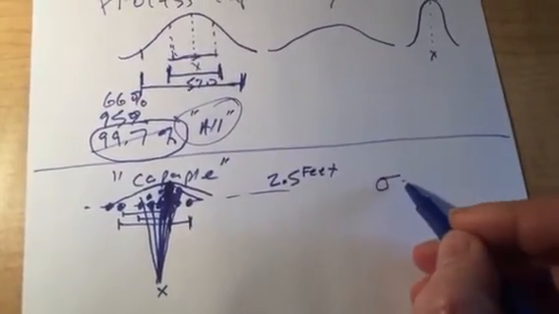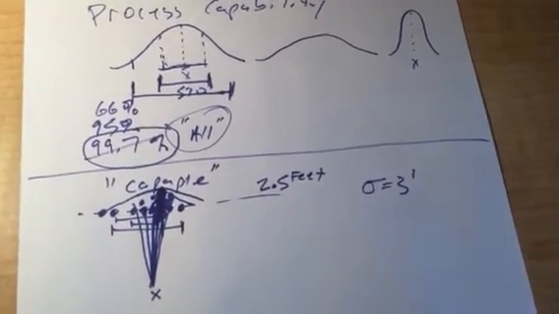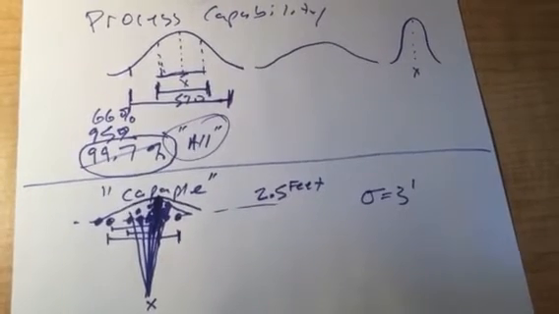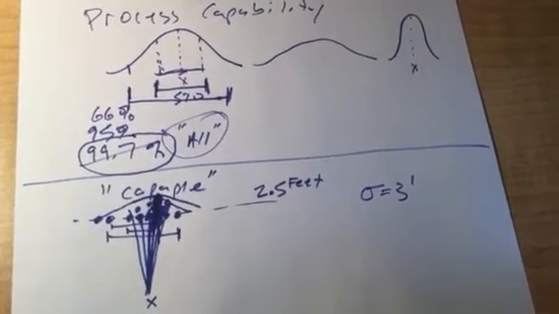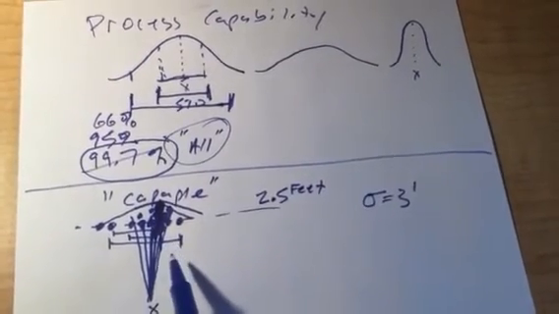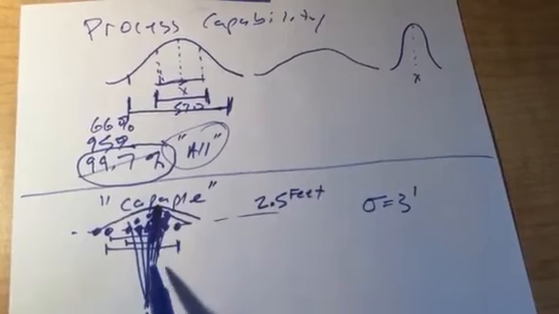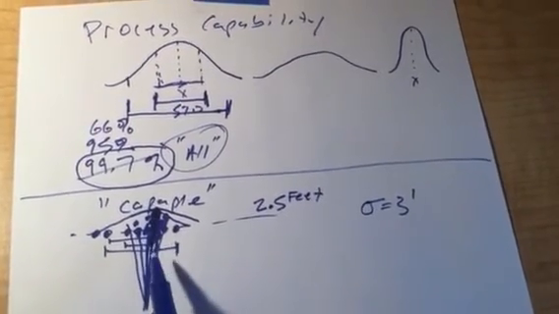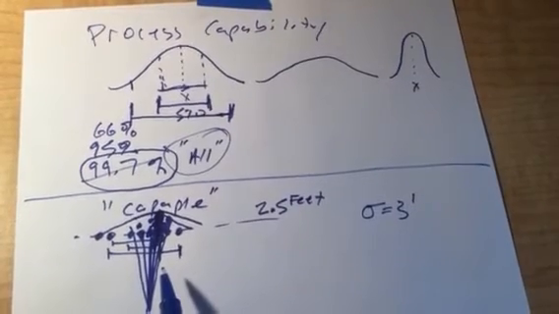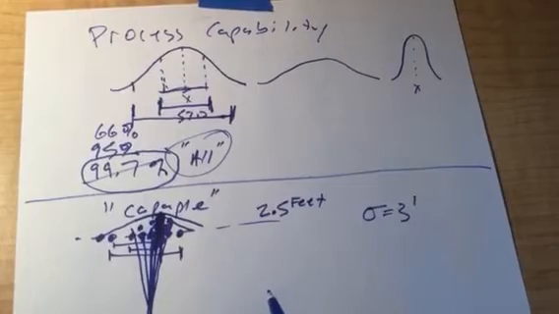Students hate it when we start to talk about standard deviation, but this is maybe a more intuitive explanation of what it really is. It's just the average deviation, or the average distance, between any particular point and the most common point. So the standard deviation is 3 feet.